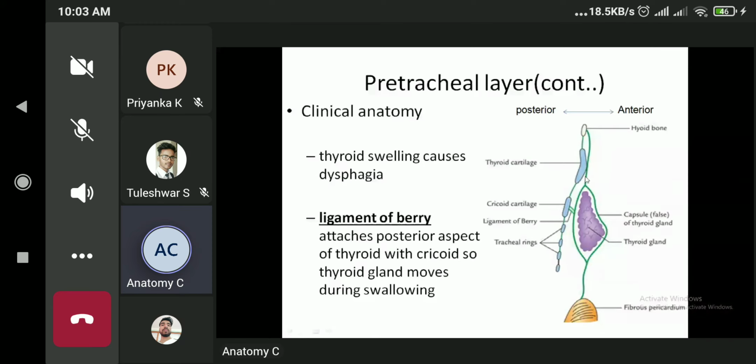Now, one important thing to notice here: can you see this structure? This is also a derivative of the pretracheal layer, which is connecting the cricoid cartilage with the posterior layer of the false capsule of the thyroid gland.